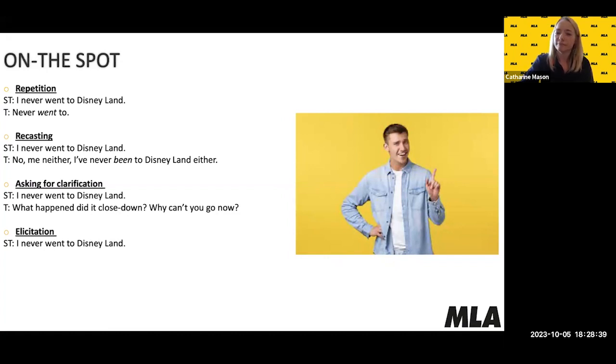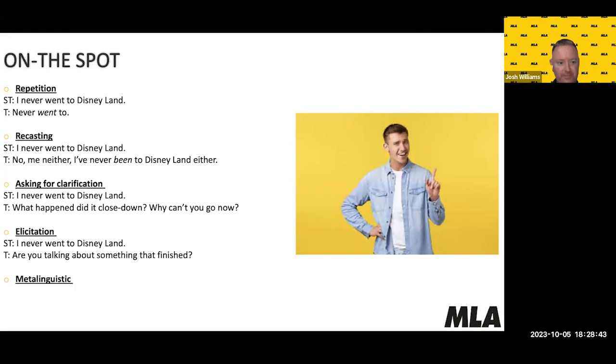Elicitation. "I never went to Disneyland." "Now, are you talking about something that's finished completely?" And here again, you're helping them to work out what the problem is that they made, focusing a bit more on the grammar than the meaning, compared to when we ask for clarification.